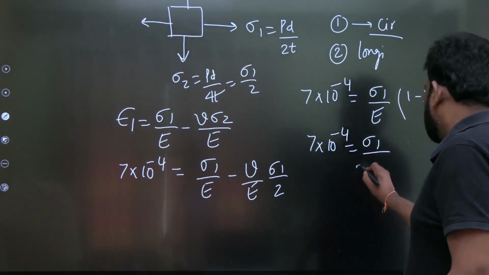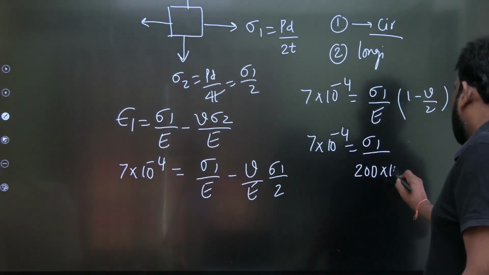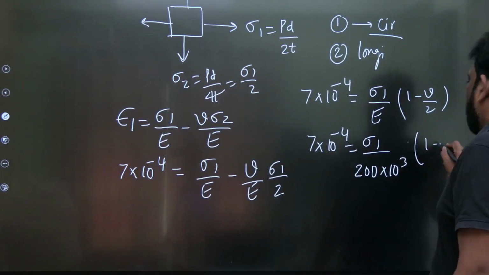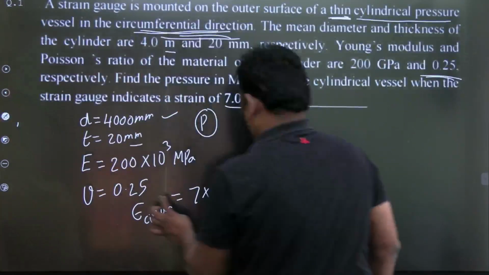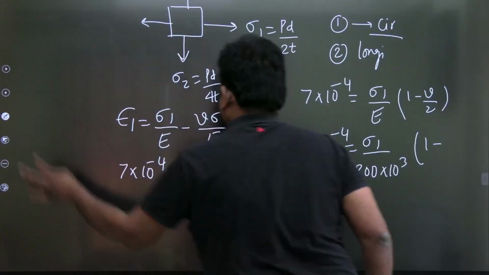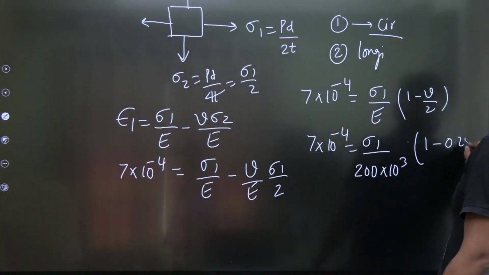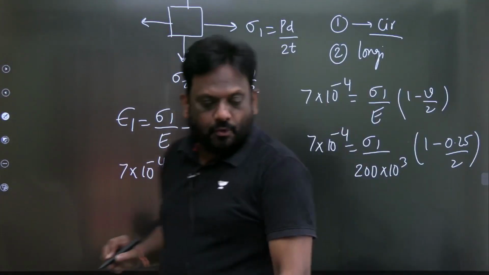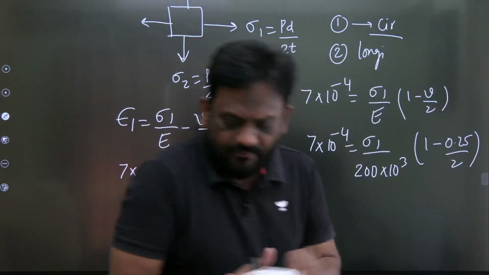So 7 into 10 raised to minus 4 is equal to sigma 1 by E, already given as 200 gigapascal, which I convert into megapascal, into 1 minus the Poisson's ratio, 0.25, by 2. I have already calculated and the values are ready.